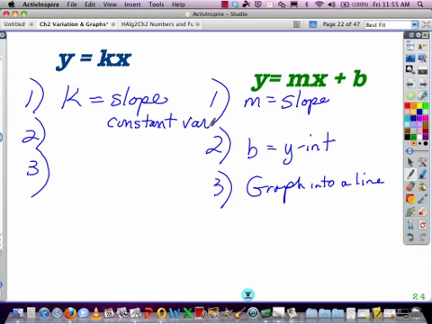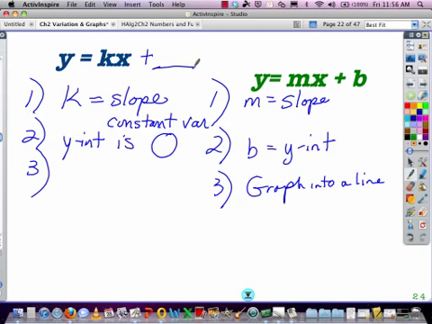Second statement we can say, our y-intercept is 0 on every single one of these. When you have y equals kx, the only thing we cannot see is a 0. If it was a 2, a 5, a negative 1/2, we would have to see that.